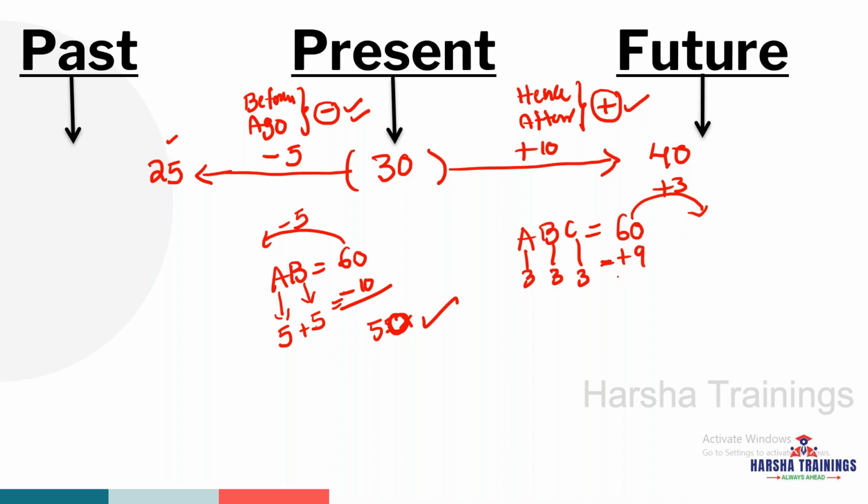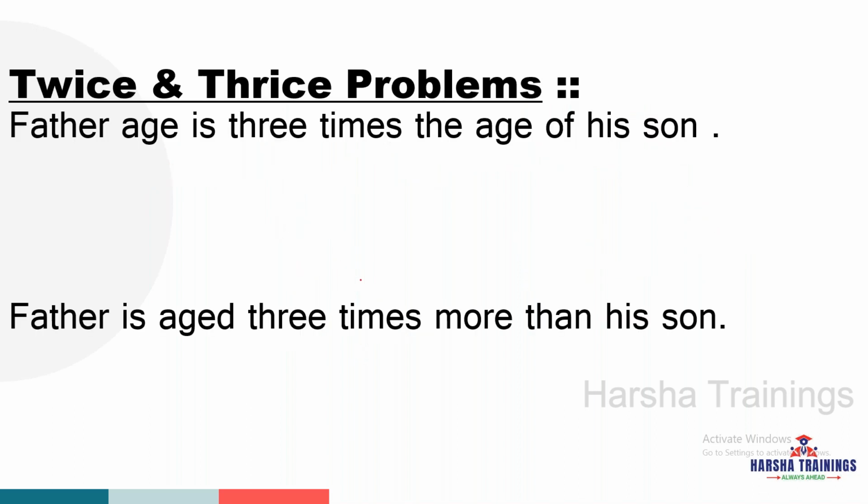Total how many years increasing? 9 years increasing. After 3 years, their ages will be 69 years. Okay, so ago means minus, after means plus. Just remember these 2 points, guys, they are very important. Okay, and move on to the next point.